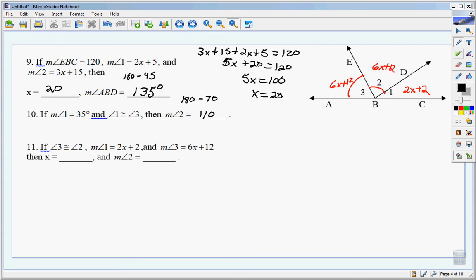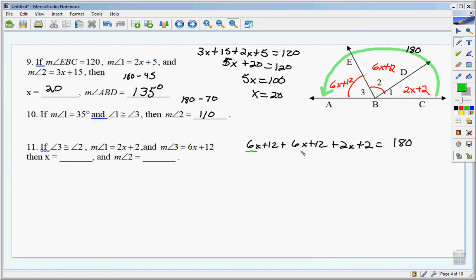And I should be able to see that if I put all three of these together, they have to add up to equal 180 degrees. So I have 6x plus 12 plus 6x plus 12 plus 2x plus 2 is equal to 180 degrees.